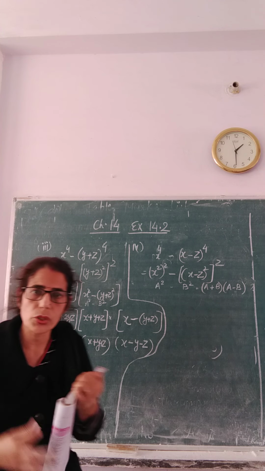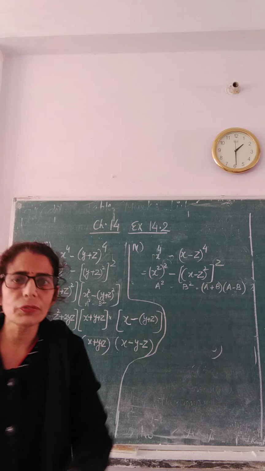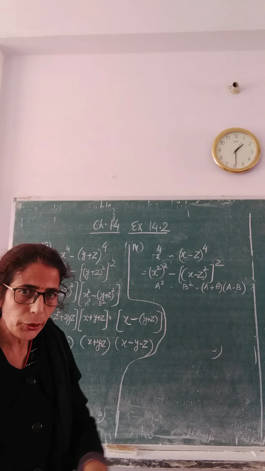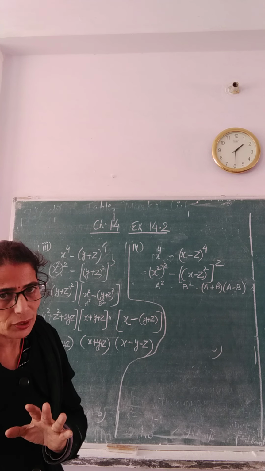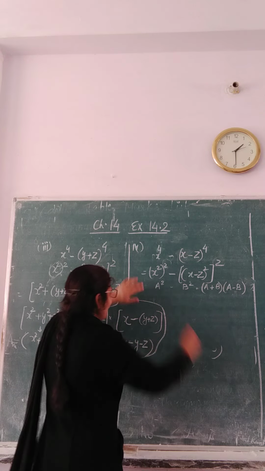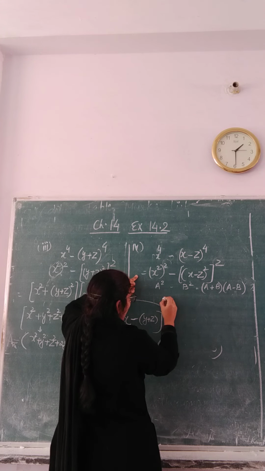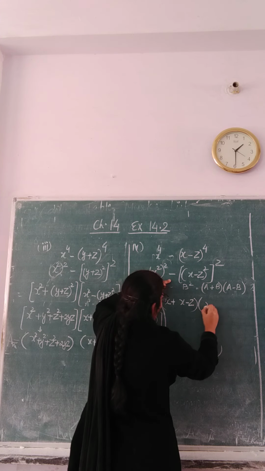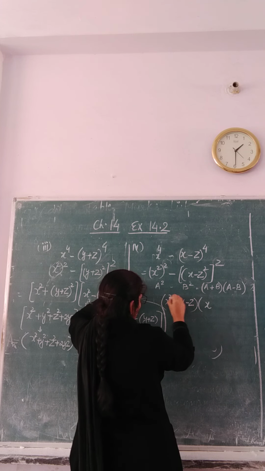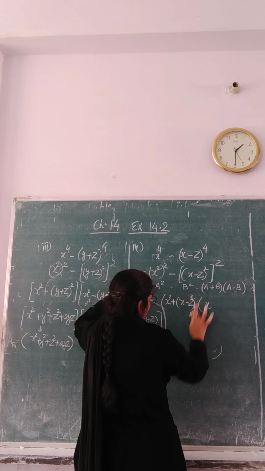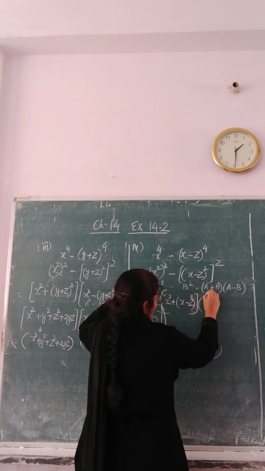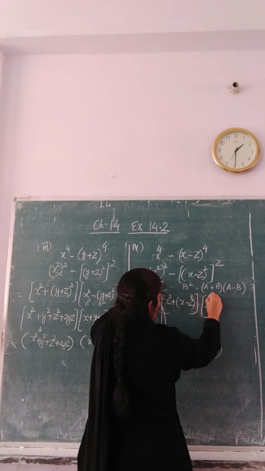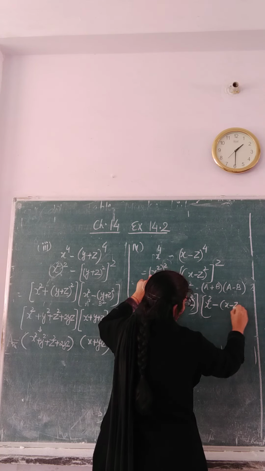I am doing many equations so that you also become comfortable. Keep on writing with me, doing yourself with me. Pause the video and try to do it yourself. Are you now comfortable to do it? Then my purpose is solved. So once we have to add them, x square plus (x minus z) square, and once these two are to be subtracted.